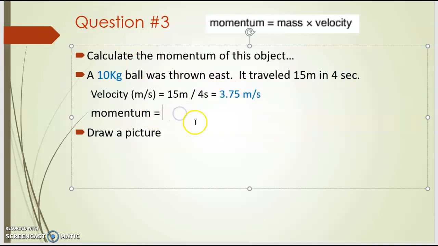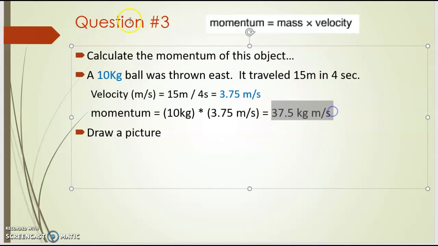So the mass is 10 kilograms times the velocity, which is 3.75 meters per second. And when you multiply those, you get 37.5 kilogram meters per second. Okay, so there is how you figure it out, right?